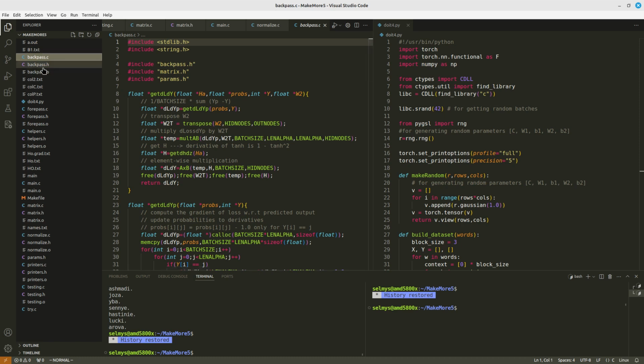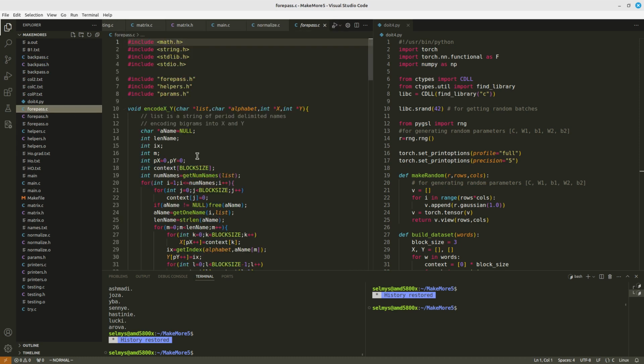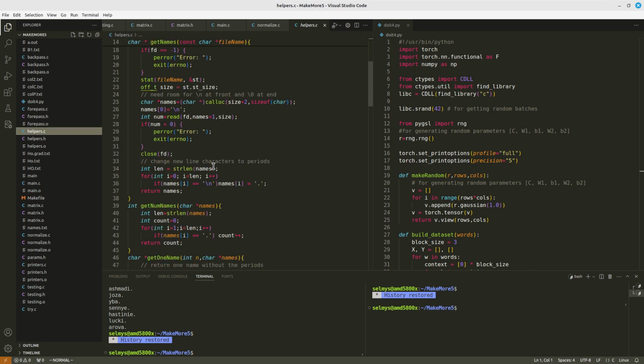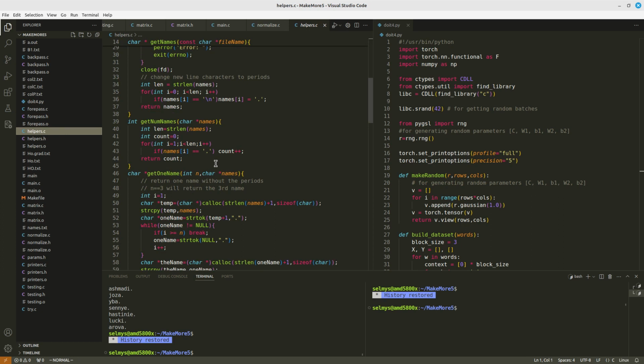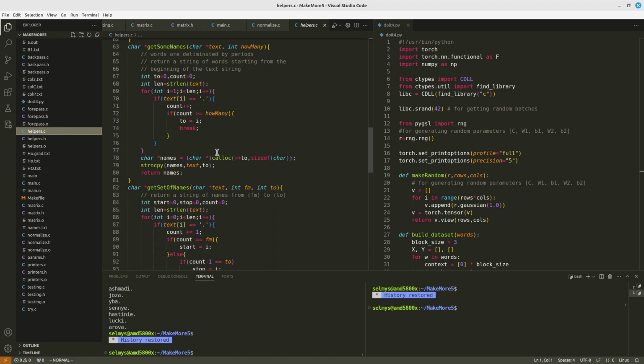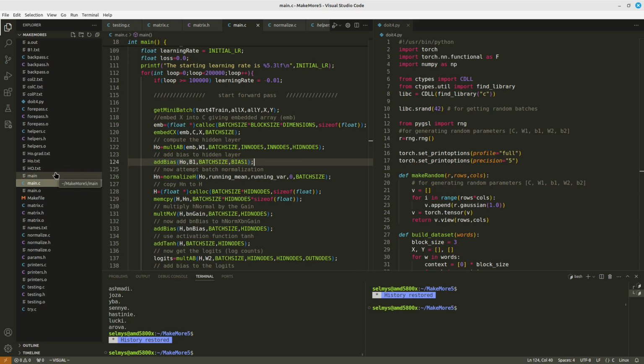I also have my code for doing the forward pass. I have a helpers file that has general functions I need for the program. Of course, I have my main C program here.